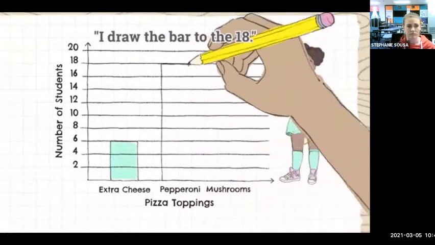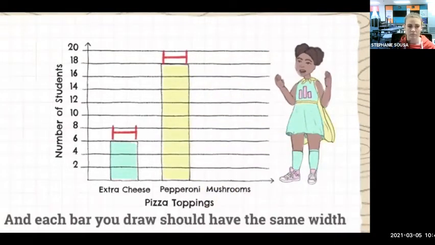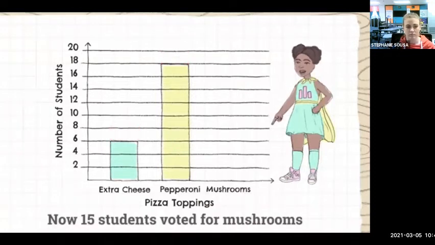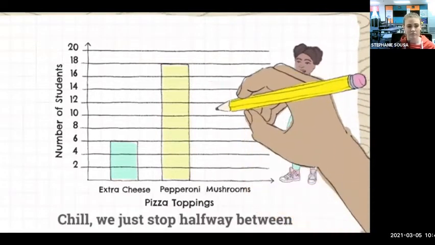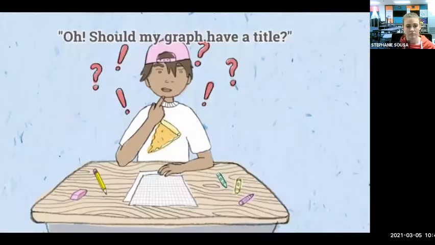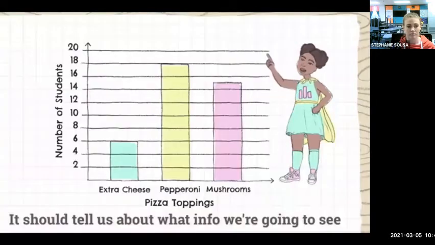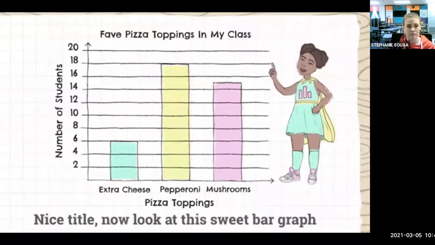I draw the bar to the 18. Oh, you're getting it. And each bar you draw should have the same width. Now 15 students voted for mushrooms. There's no 15 on my scale. We are so doomed. Chill, we just stop halfway between the 14 mark and the 16. Oh, should my graph have a title? Yes, indeed, it should tell us about what info we're gonna see. Fave pizza toppings in my class. Nice title.